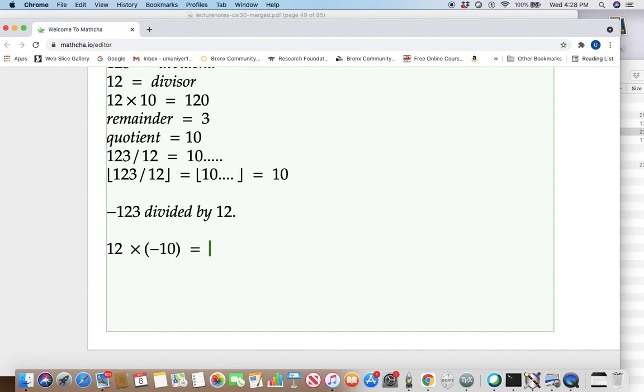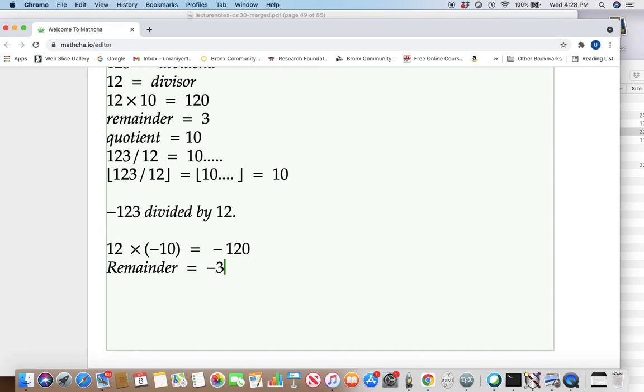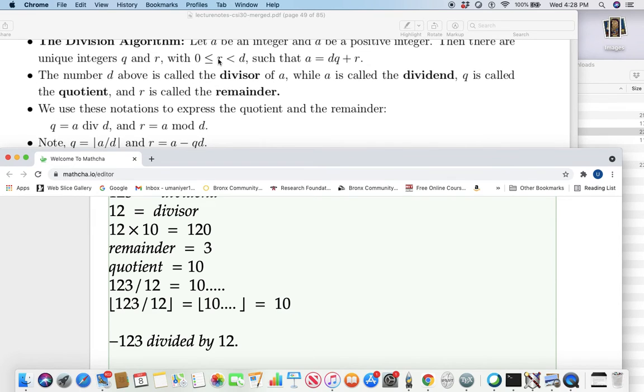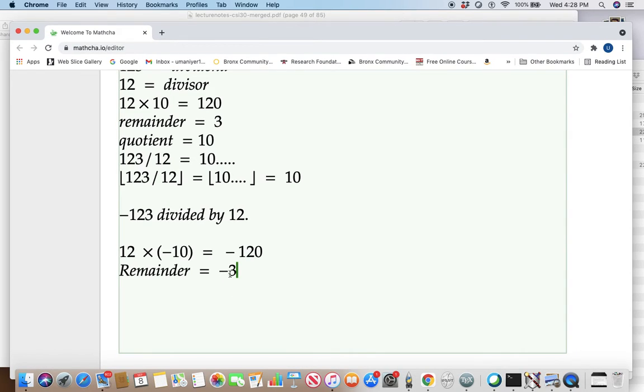Negative 10 is negative 120. So maybe the remainder is negative 3. That's not acceptable because division algorithm wants remainder to be 0 or more. So this is not correct.